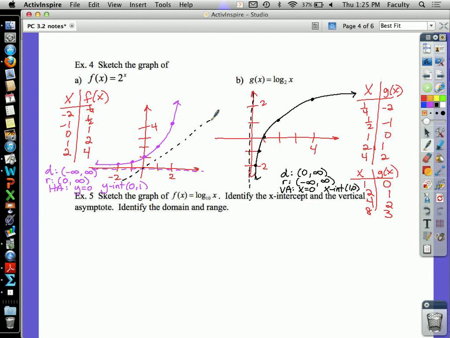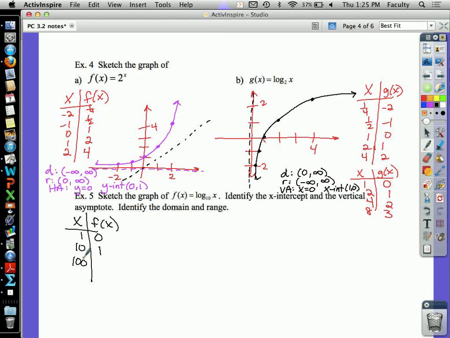Okay, example 5 says sketch the graph of f of x equals log x base 10. We don't have the exponential form, so let's just start with some convenient numbers. If I did the log of 1 base 10, I would know that f of x would be 0. I could pick 10. The log of 10 base 10 is 1. And then what would be the next nice number? 100.